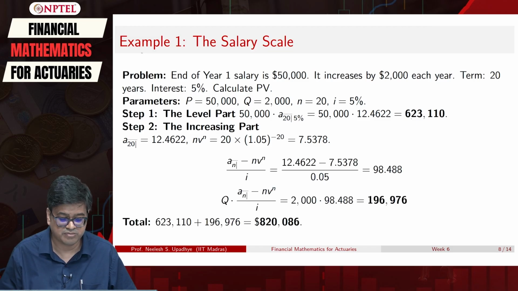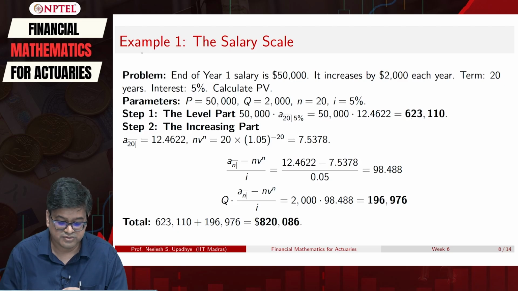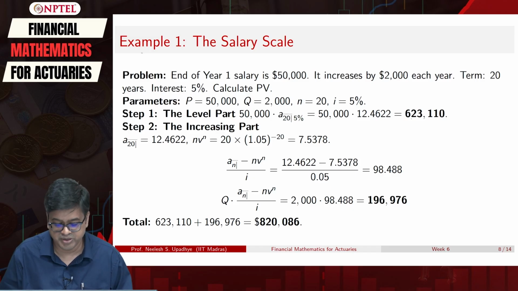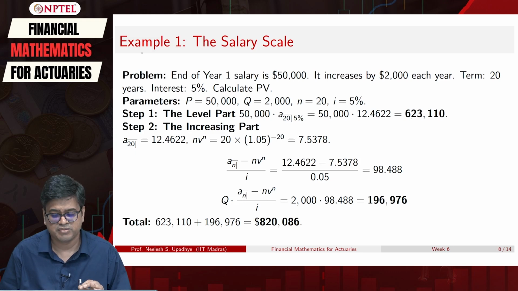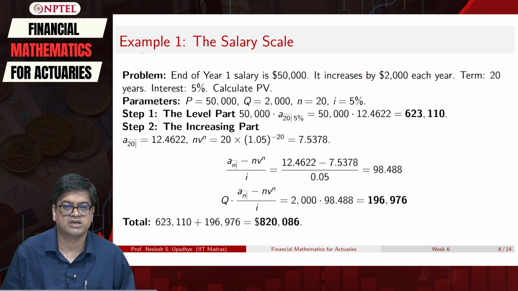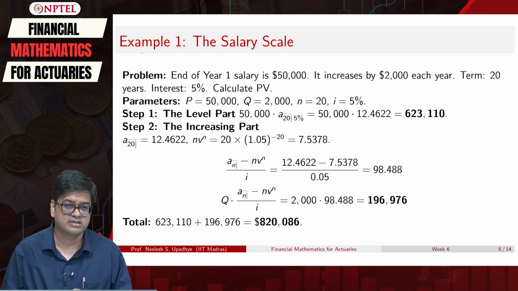You substitute them and get the answer, and multiply the answer that you got with 2000 to get the number for this increasing annuity payments. Okay, and then you add both of them and get the answer. Remember to use memory functions to avoid decimal errors. Okay, so we have done this.